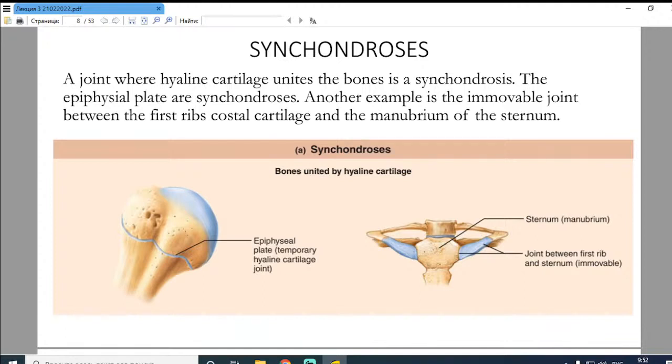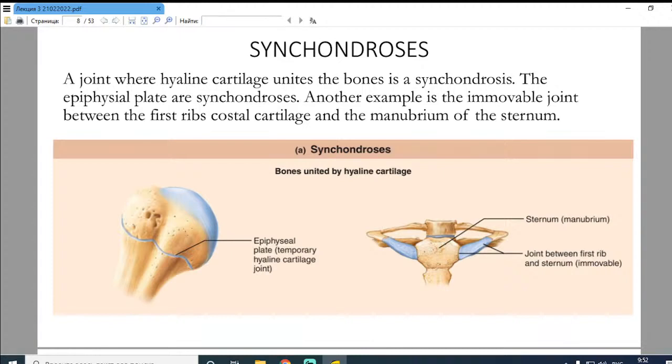Another example is the immovable joint between the first rib, costal cartilage, and the manubrium of the sternum.